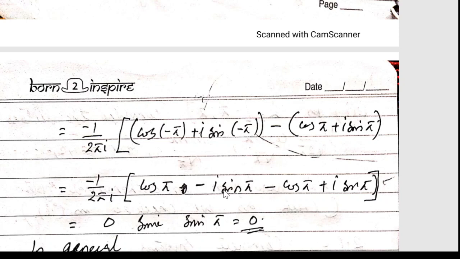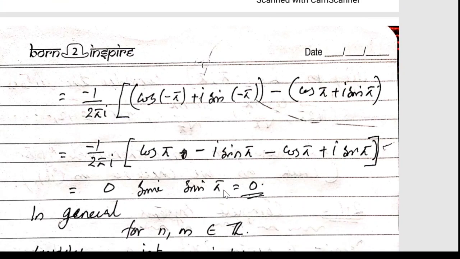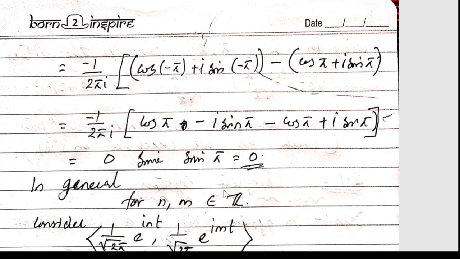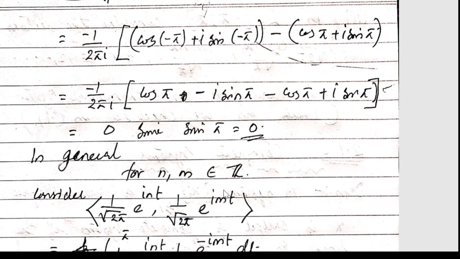I have performed the inner product of the two terms, but we want to prove it in general. So in the general case, we can take n and m belonging to Z and consider the inner product of 1 by root 2 pi e raised to int, and 1 by root 2 pi e raised to imt.